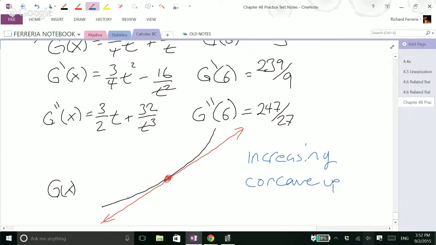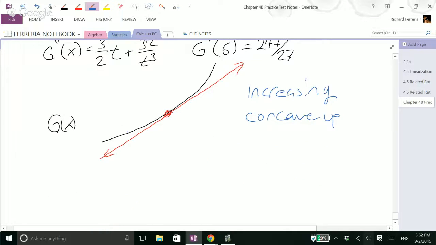Okay, so what's the question now? Compute the error. Is it an under approximation? Yes, it's an under approximation. Why do I know this?